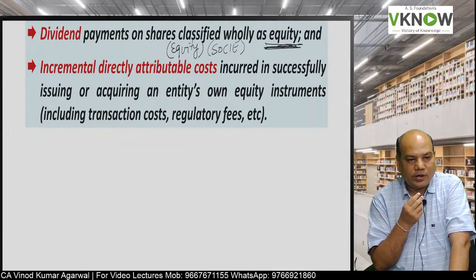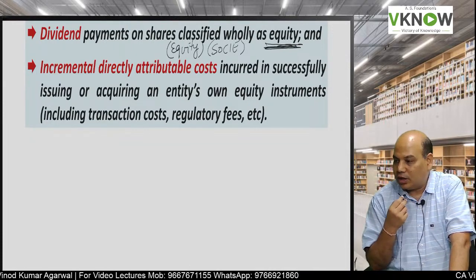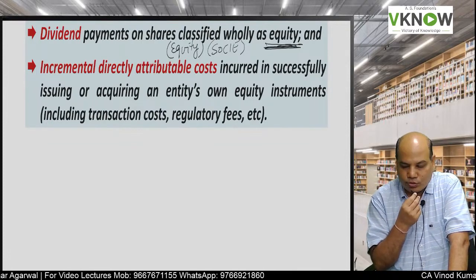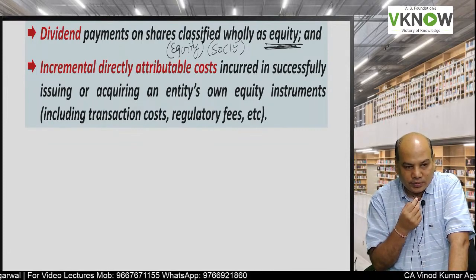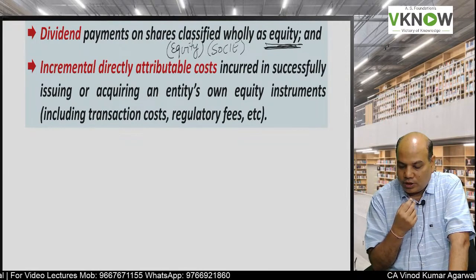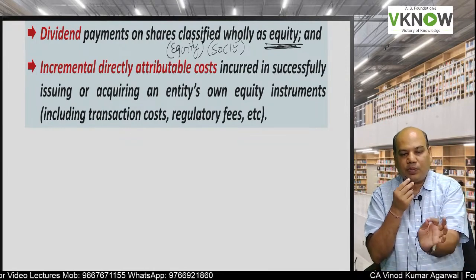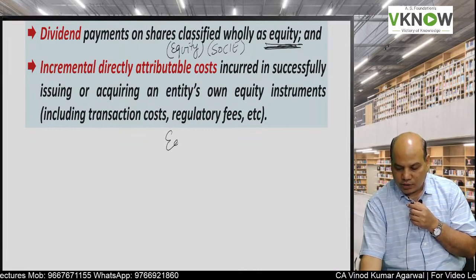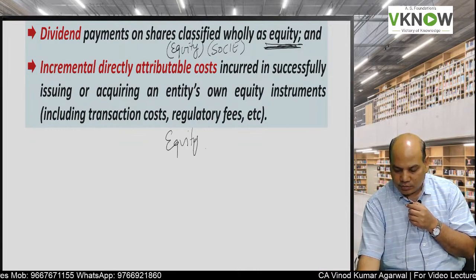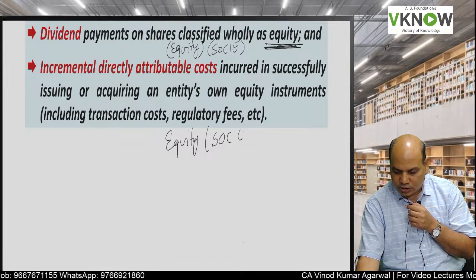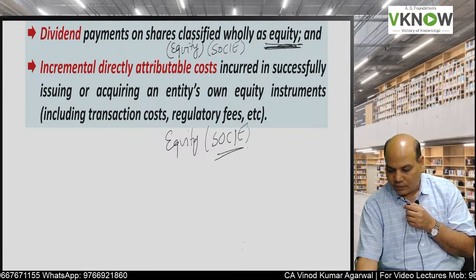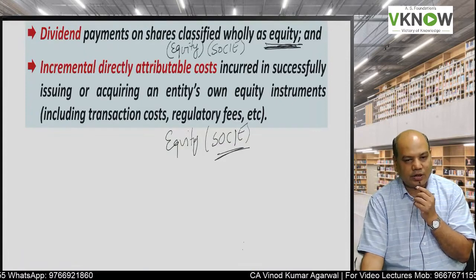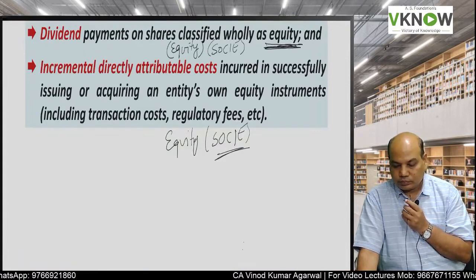Similarly, any incremental directly attributable cost incurred on issue of an equity instrument, like transaction fees and regulatory fees, will be adjusted directly in equity. When I say directly adjusted in equity, it means it will be adjusted against reserve and surplus items like general reserve or retained earnings in equity.